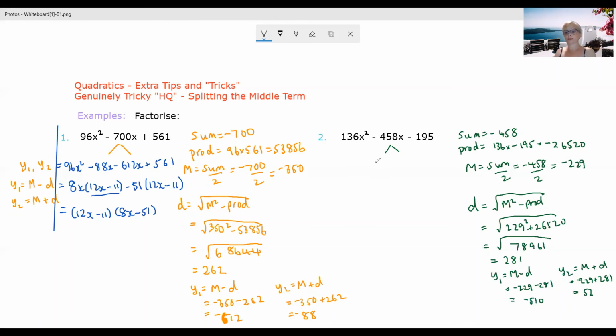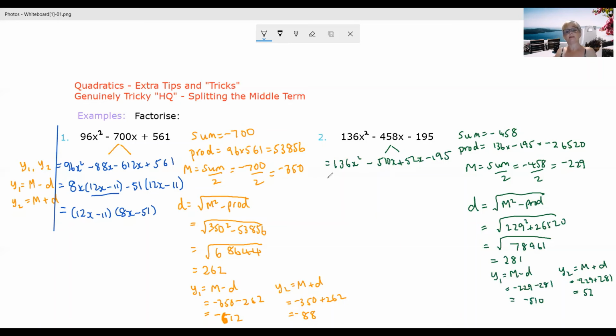Okay, so let's proceed. This is going to be the same as 136x squared minus 510x plus 52x minus 195.